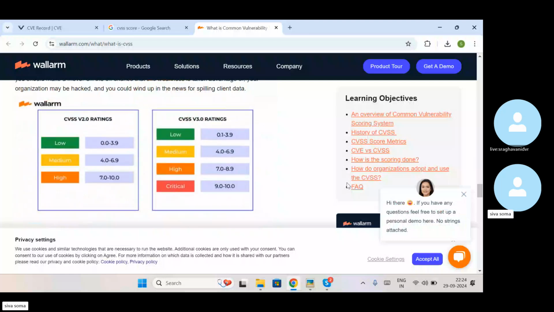In CVSS 2.0, low is 0 to 3.9, medium is 4 to 6.9, and high is 7 to 10. In 3.0 they updated it: low is 0.1 to 3.9, medium is 4 to 6.9, high is 7 to 8.9, and critical is 9 to 10.